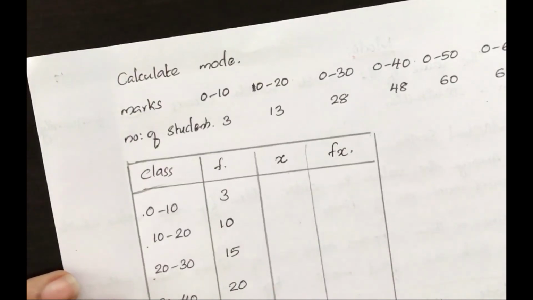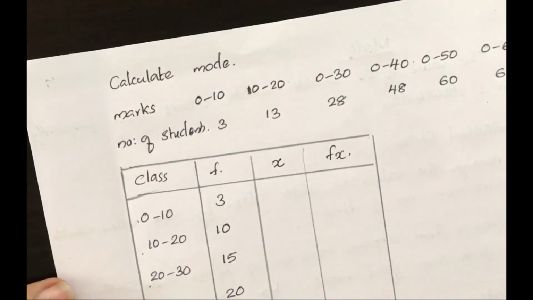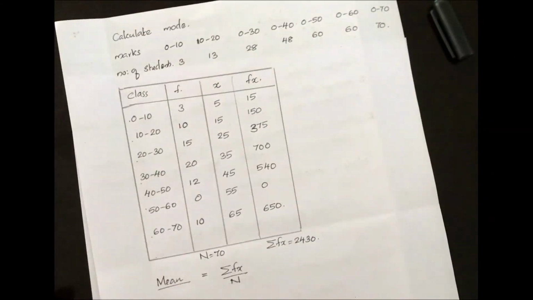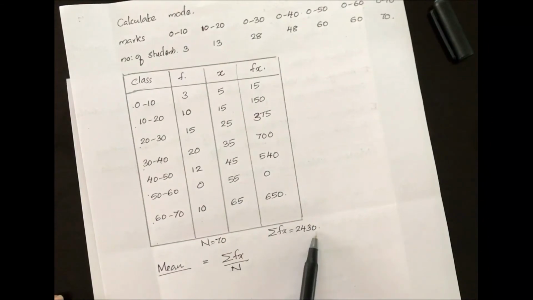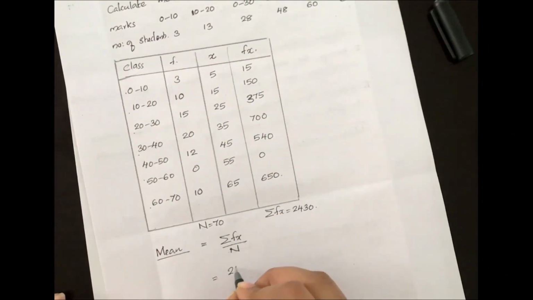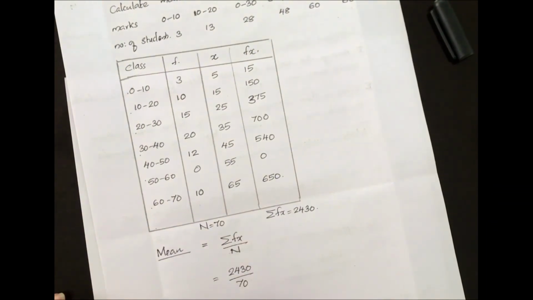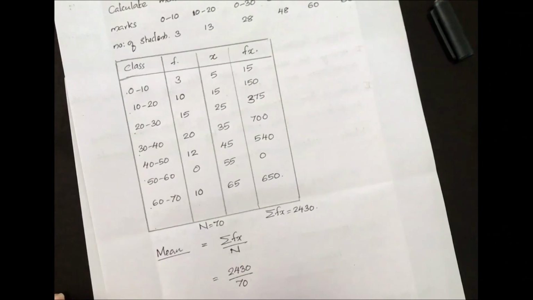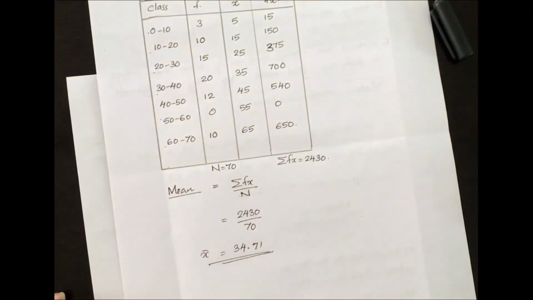Complete the table. We are completing the table. The table looks like this, and we got summation fx equal to 2430 and n equal to 70. Substitute here: 2430 divided by 70. We will get mean equal to 34.71.